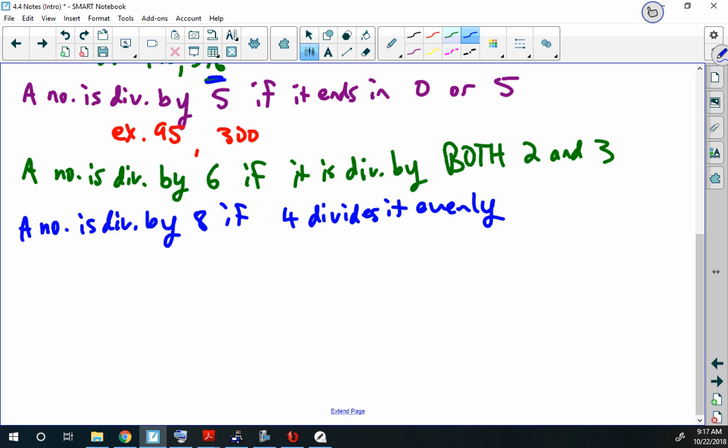Dividing it evenly is kind of the same thing as saying it's divisible by both 2 and 4. So if you divide something by 4 and that quotient ends up being even, then 8 would have divided the thing.